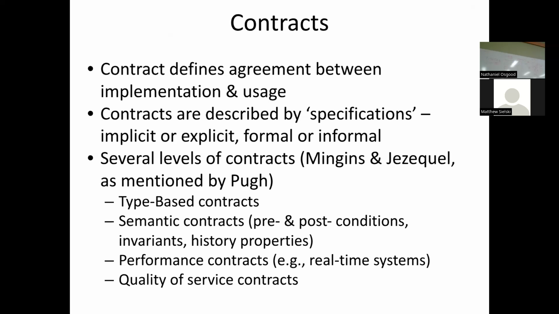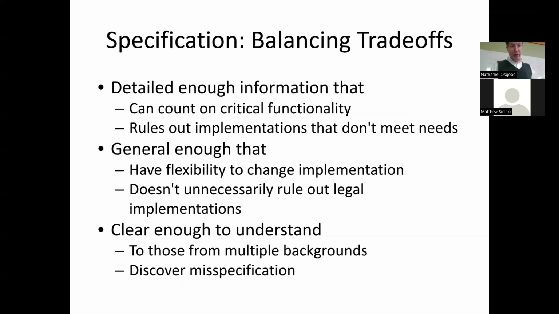And there could be performance contracts, like if you have real-time systems that provide guarantees that a certain task will be finished in a certain amount of time. So for embedded systems, for example, as might be used in engineering, we will often be concerned with the real-time performance of a system, and quality of service contracts that guarantee certain things with latency and turnaround time, et cetera.